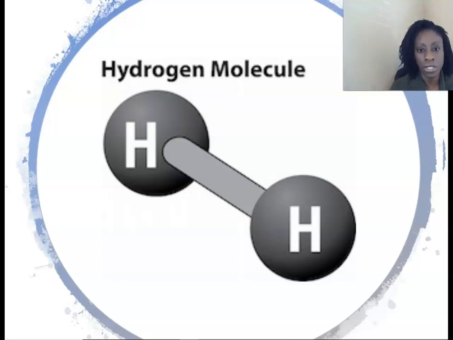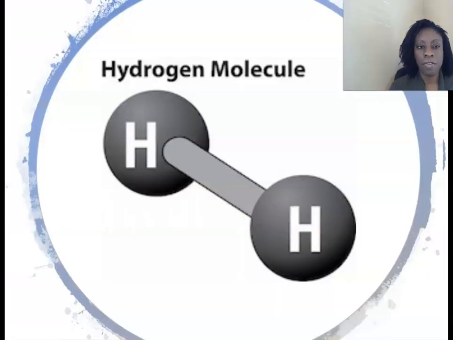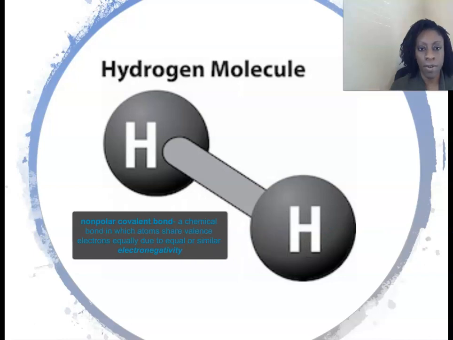So there's an equal sharing. Now, if we were to take this back to our tug of war example, this would be like a standoff between the 2 people or teams who are pulling. So this type of covalent bond where you have equal sharing between 2 atoms is called a nonpolar covalent bond.